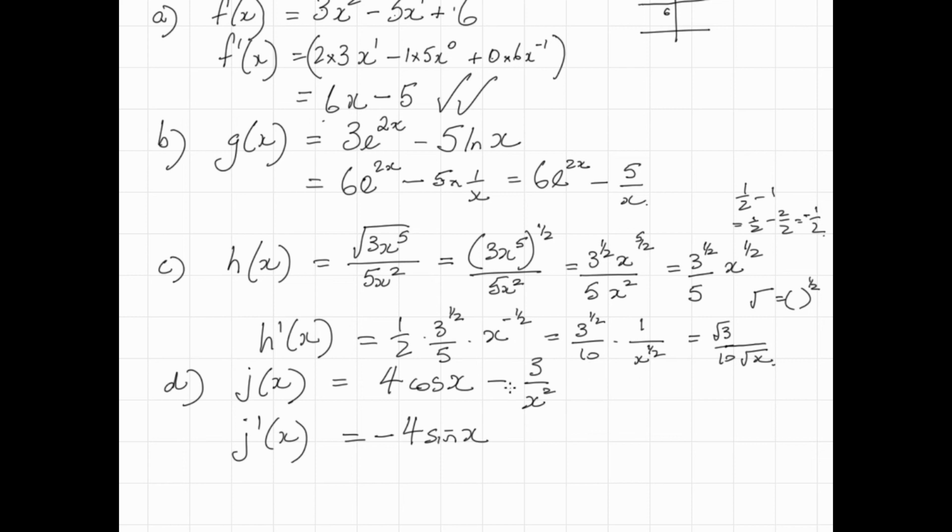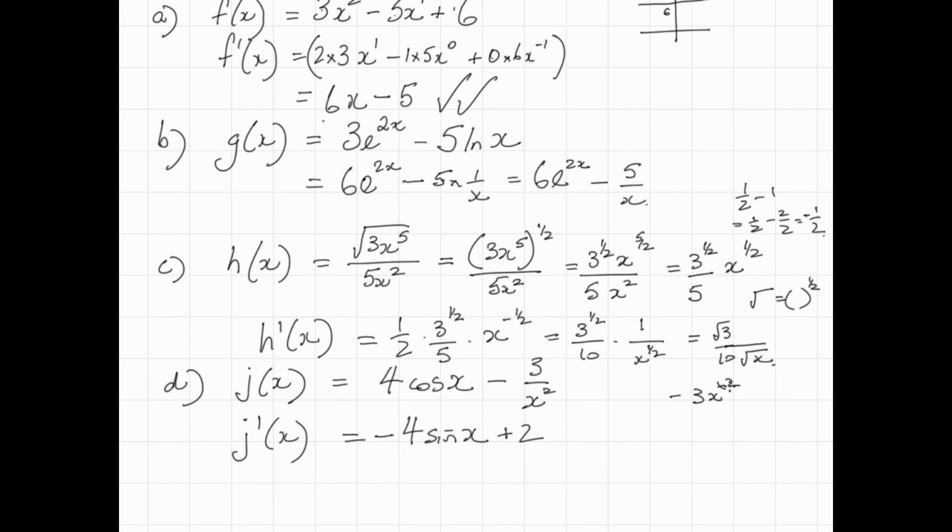Now that'll be like minus 3. Now because it's the power of 2 downstairs, it's going to be x to the minus 2 upstairs. Now when we do the derivative of that, the negative 2 is times the negative 1, so we'll get plus 2. So we multiply the power times what's out the front, which is negative 3.